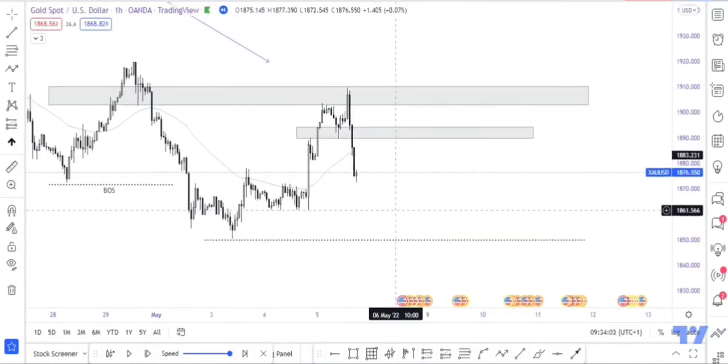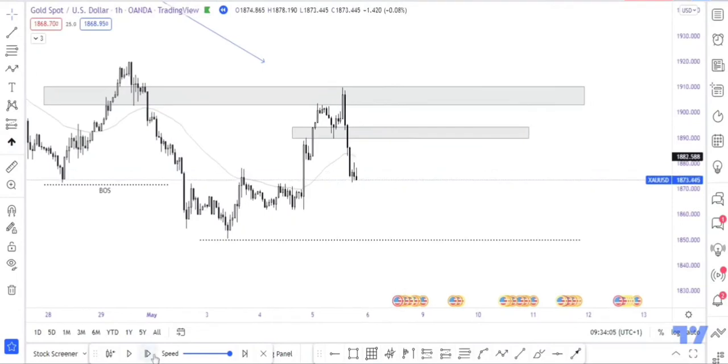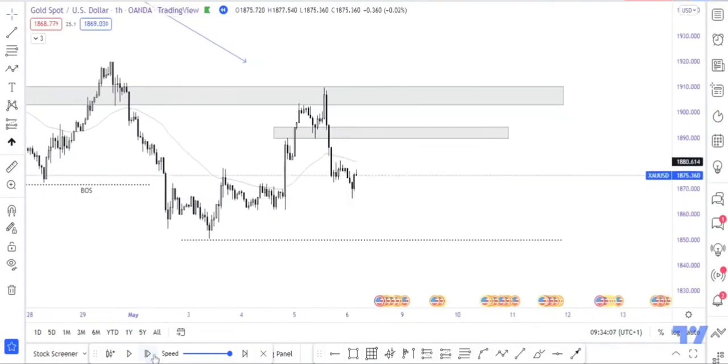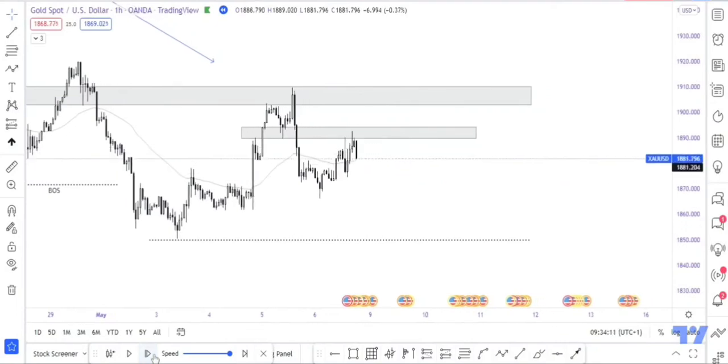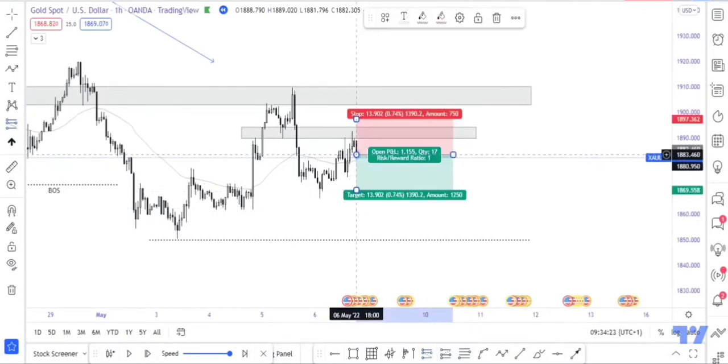So what we did was wait to see price make its way back to that level, and right after this bearish candlestick on Friday, we posted a trade, as we could potentially see a reaction from here back to the downside. So this was our trade.